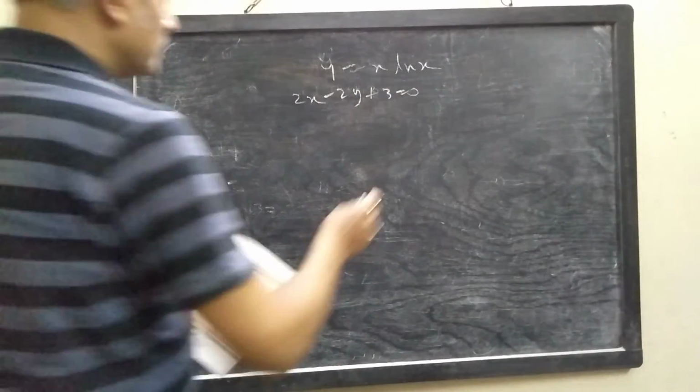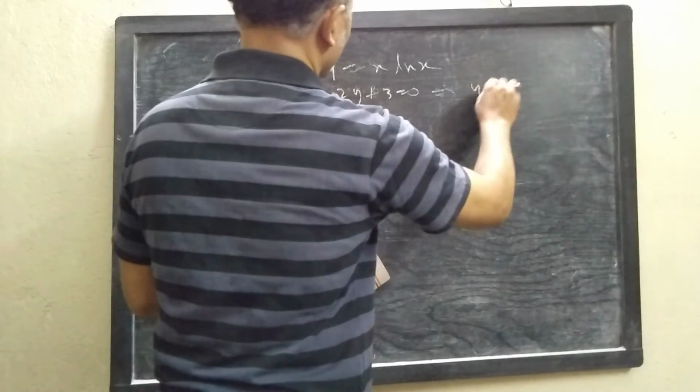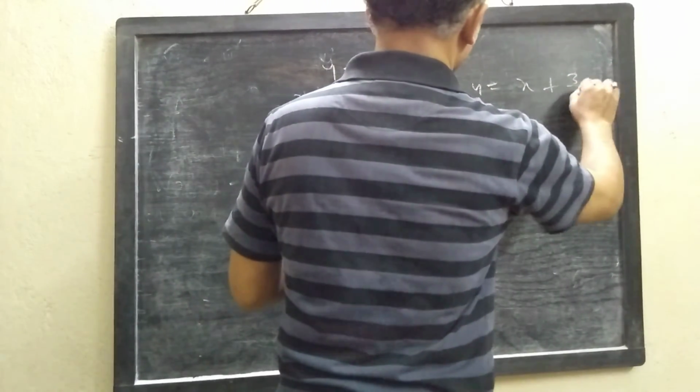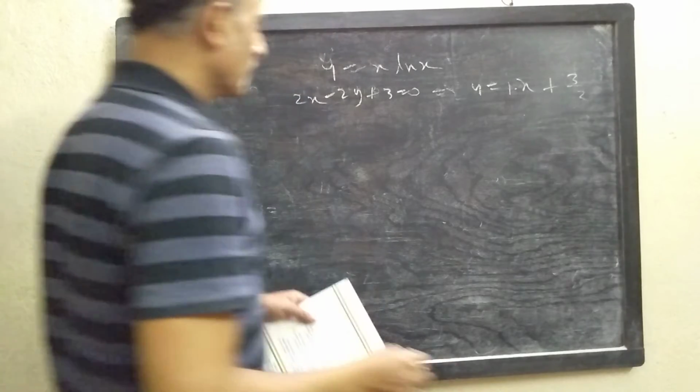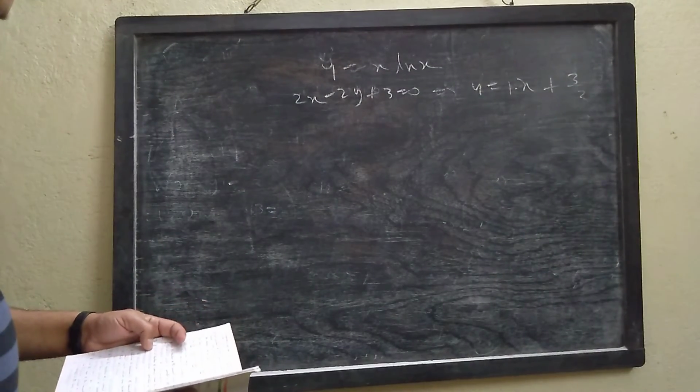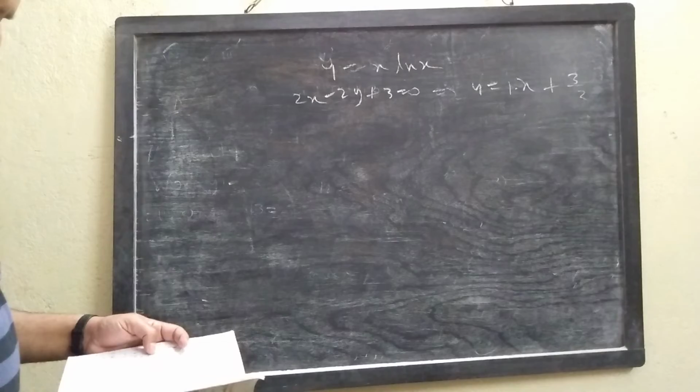So its slope: y equals x plus 3 by 2, that is, slope is 1. Parallel to the line, so slope of the normal will be 1.